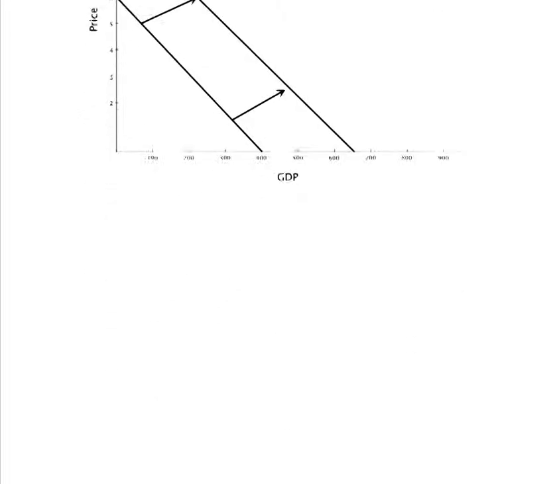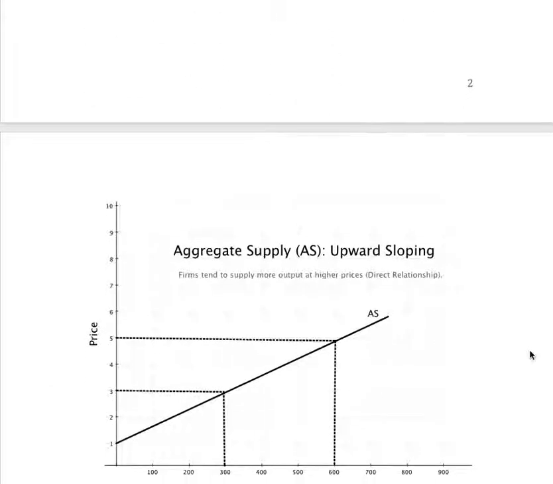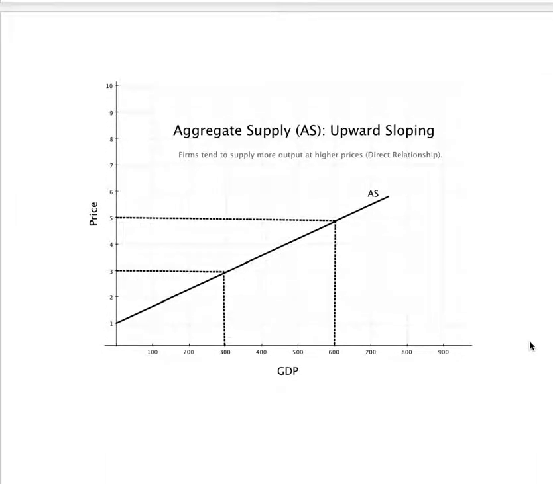On the supply side, we have an upward sloping aggregate supply curve. And going back to the law of supply, there was a direct relationship between price and what happens to supply. In this case, the aggregate supply curve is focusing in on our GDP.